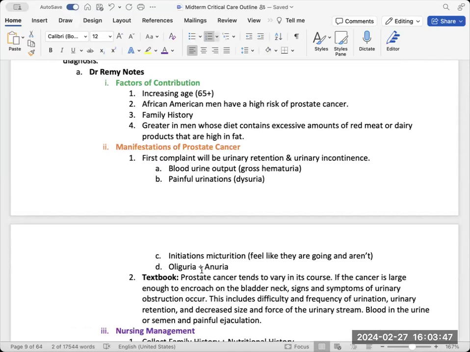They will also have blood in the urine, which is also called hematuria. I want to point these out because she might not just put blood in urine, she could put hematuria, and you should know that's what that means. They will also potentially have oliguria and anuria: with anuria they're not peeing at all, and with oliguria they're peeing very little.